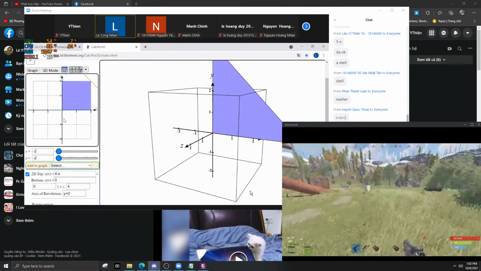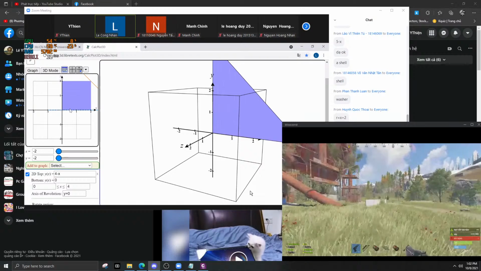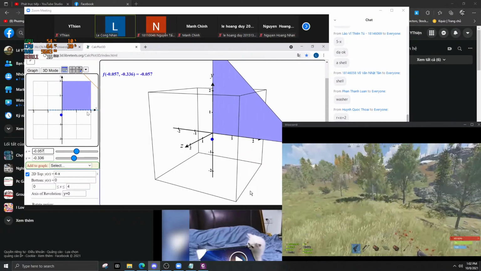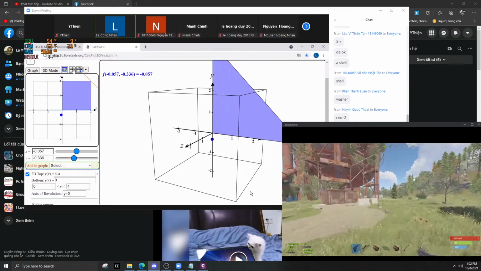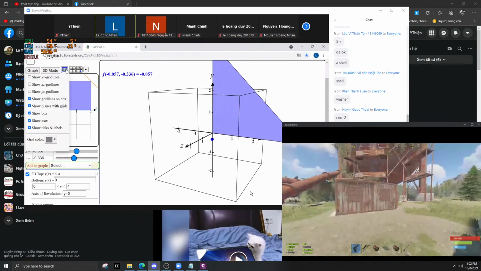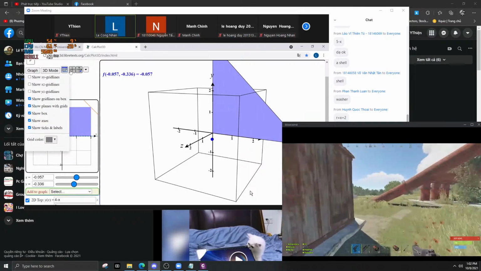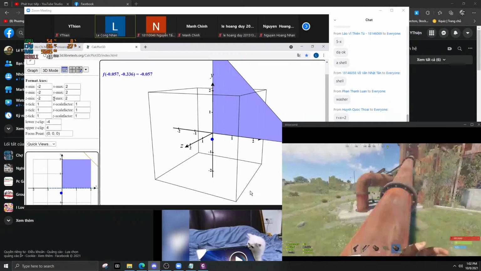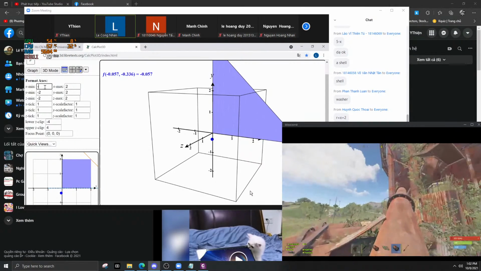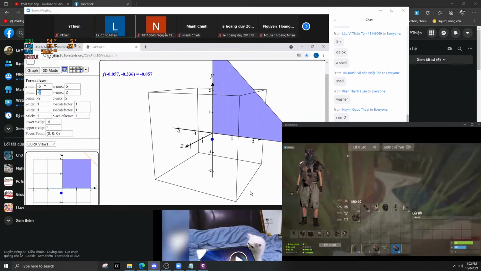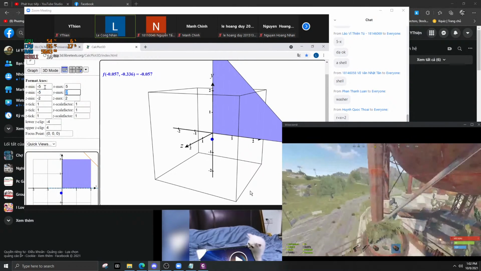Here I will choose x from minus 5 to 5, for example, and y from minus 5 to 5.